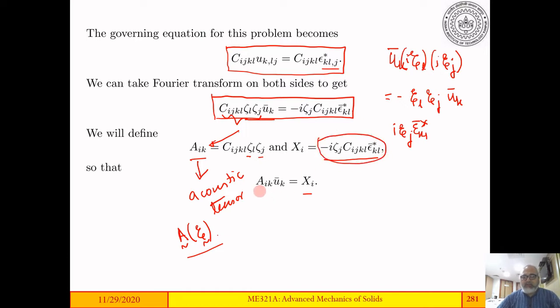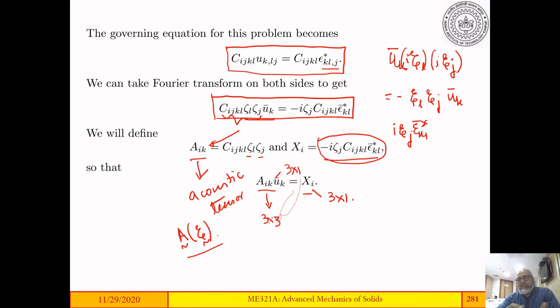So now you have this, which is a 3 cross 3 matrix. This is a 3 cross 1 and this is also a 3 cross 1 vector. So you can now invert aik to get uk bar, and once you have got uk bar, you have the inverse Fourier transforms to get uk out of it.